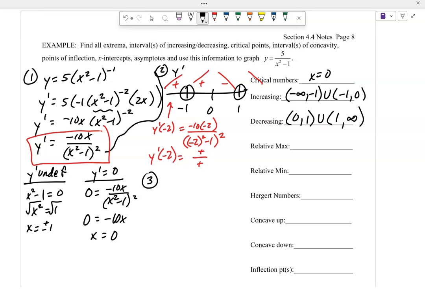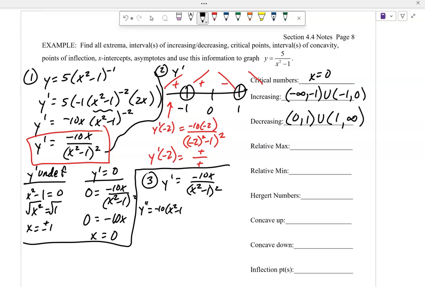Now, number 3, we know our first derivative is -10x over x squared minus 1 squared. So for our second derivative, I'm going to use the quotient rule: derivative of the top times the bottom, minus the top times the derivative of the bottom, 2 times x squared minus 1 to the 1 power times 2x, all over the bottom squared.